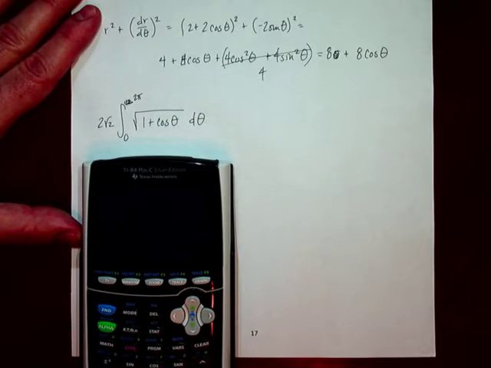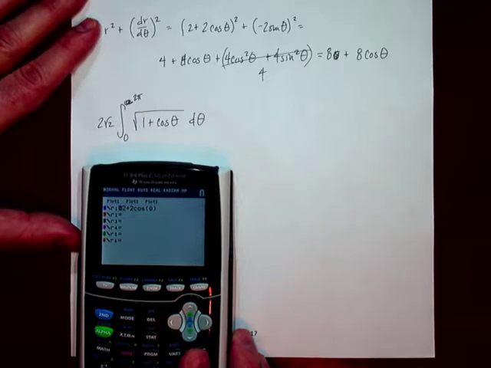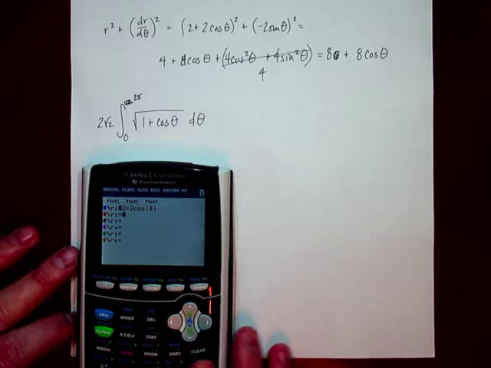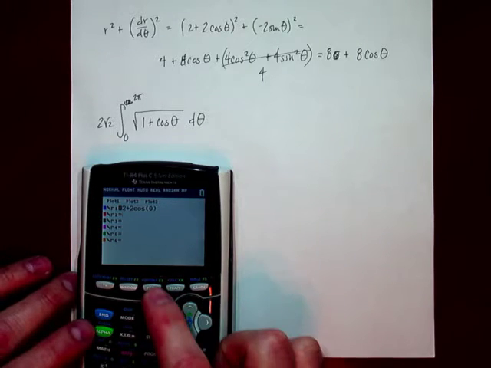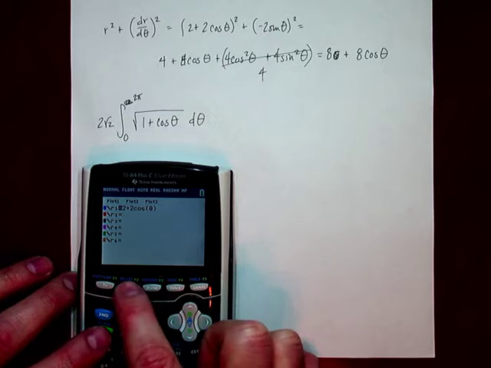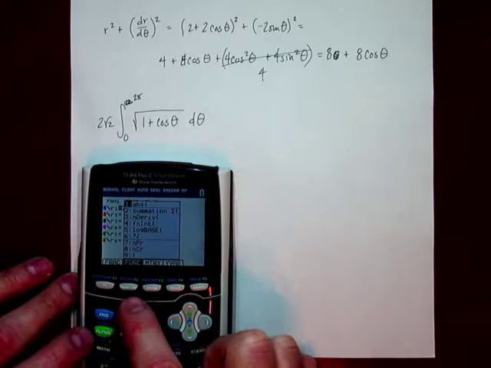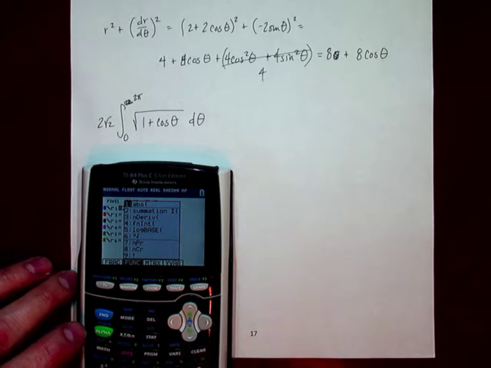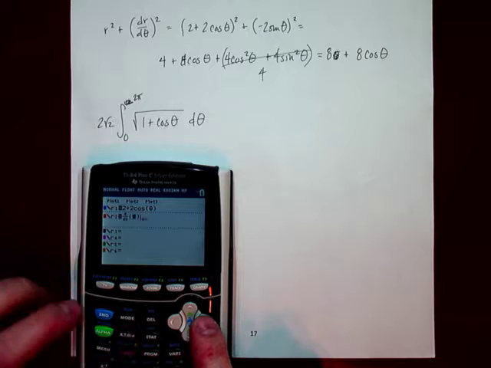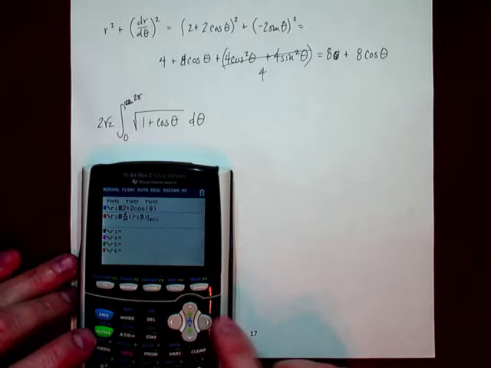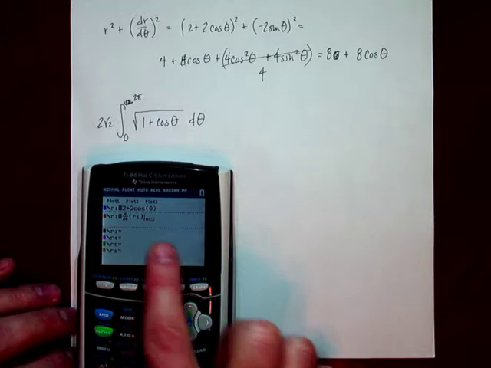Now, you can remember that you can actually do the derivative in here. So let's do alpha window, which is F2, and we get the derivative formula. Usually this is used on the home screen to evaluate the derivative at a particular value, like theta equals pi over 2.